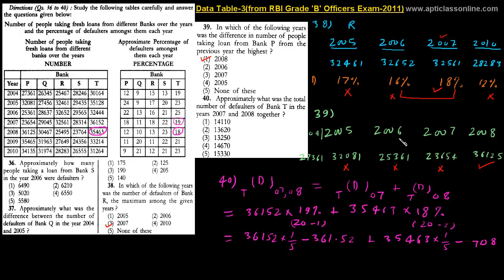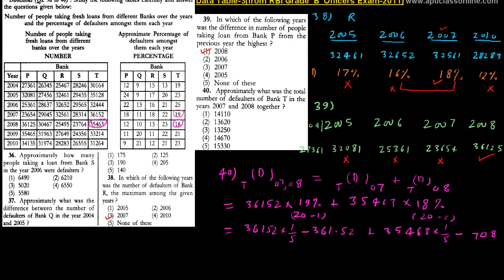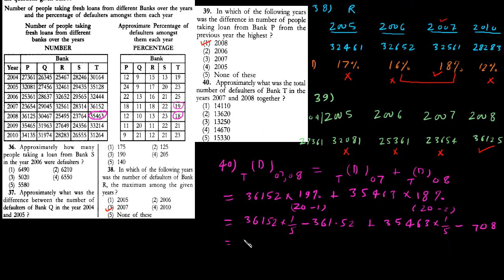Now with this the calculation becomes easier. So the 1/5 of this value is: 5 7s are 35, 1 1, 5 2s are 10, 1 5, 5 3s are, then 0.4, yes, minus 361.52.